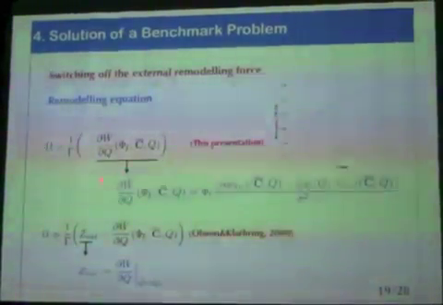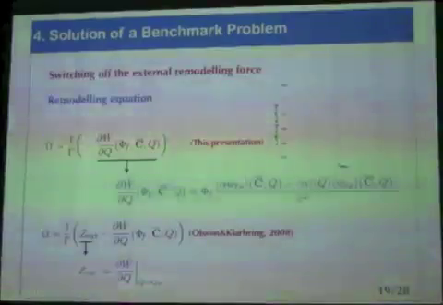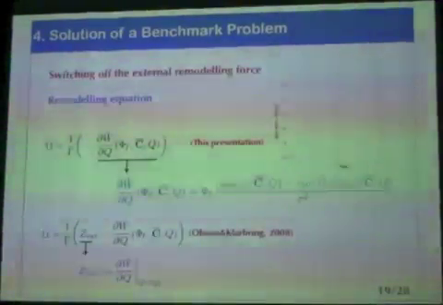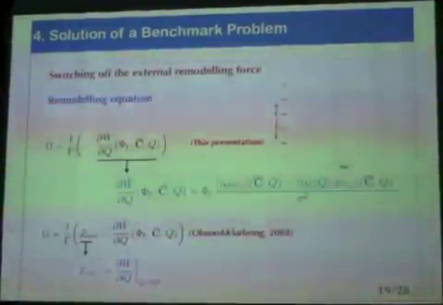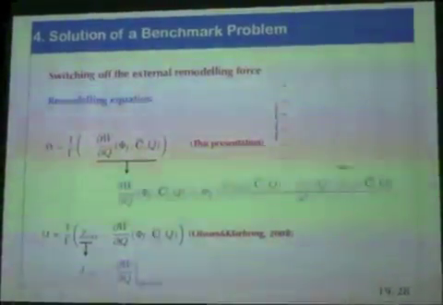But in our case, the choice of the energy was independent of the remodeling variable. The remodeling variable appears because I have to average according to the probability distribution.